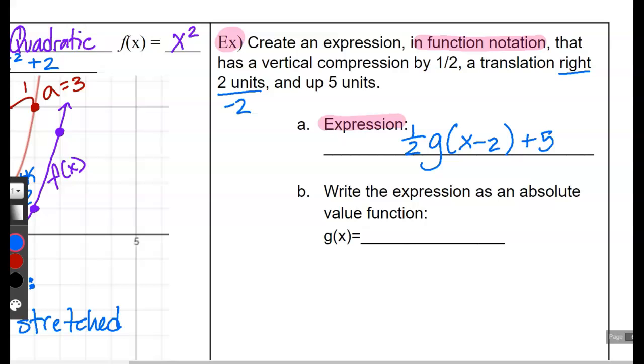Now, what did you write first in part B after the g of x equals, Mateo? Yep, 1/2 again. Now here comes the tricky part. What did you write next, Ava?